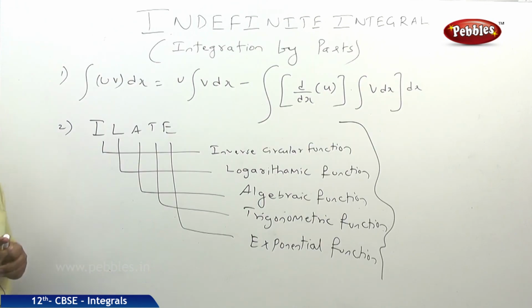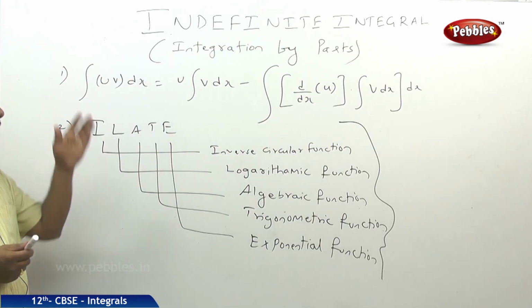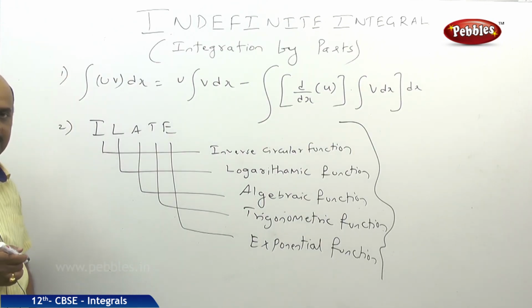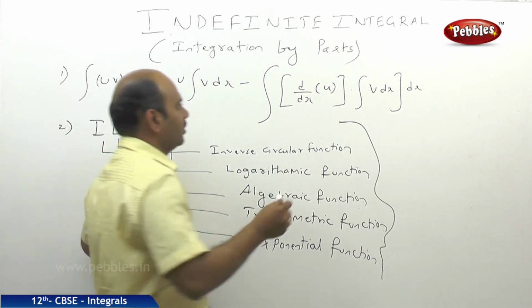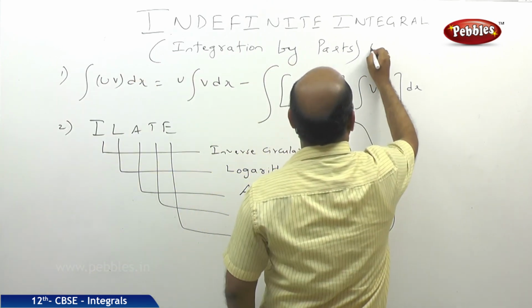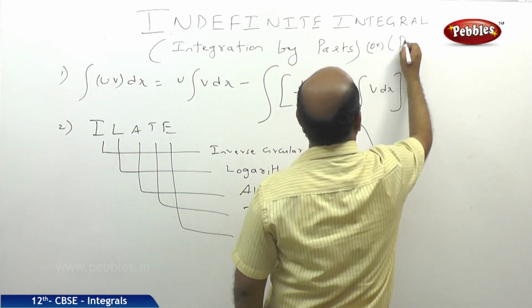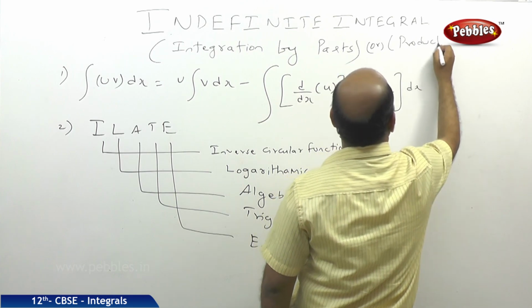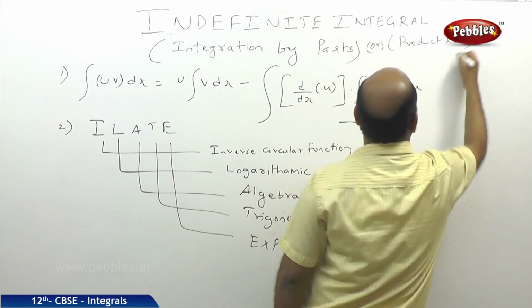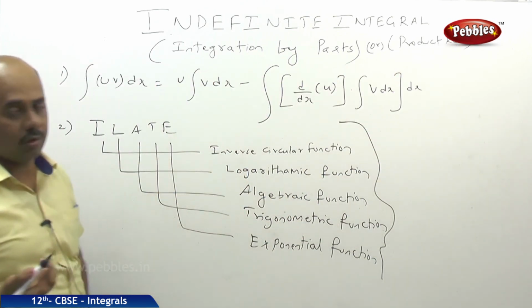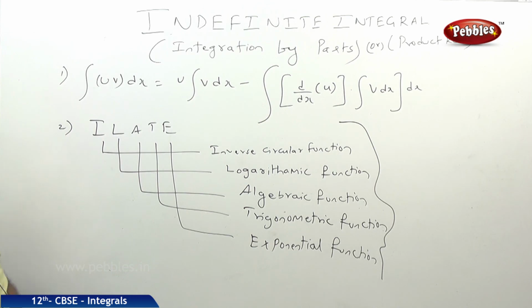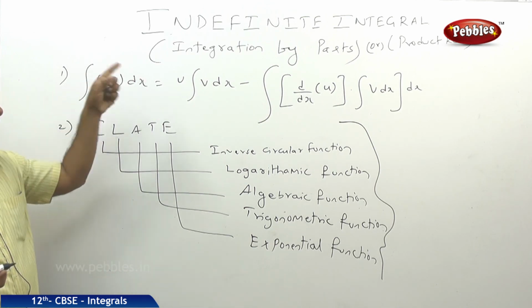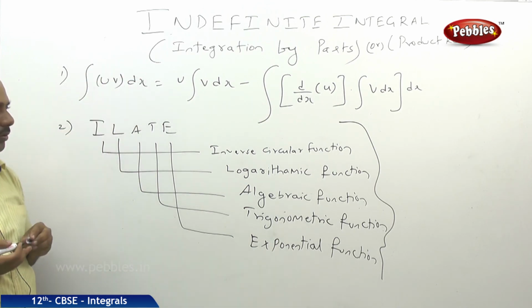Right friends? Now we'll be seeing another pattern we call integration by parts, or sometimes this particular rule we can call the product rule. We had seen in differentiation the product rule, d by dx of uv. Similarly here we'll be seeing integration by parts or product rule.